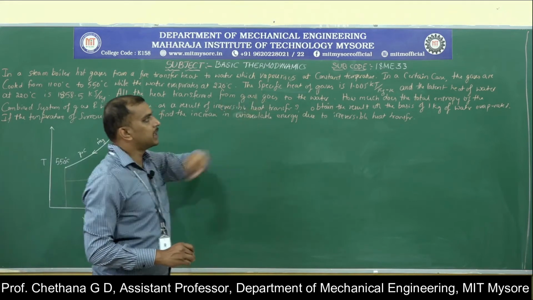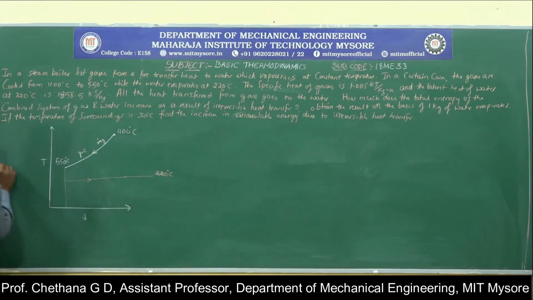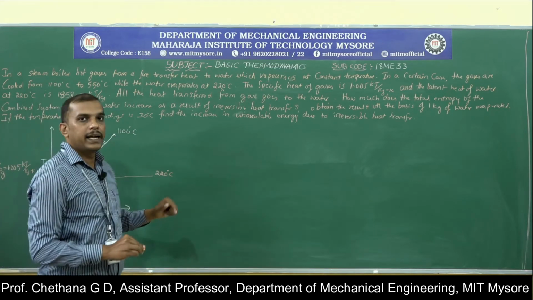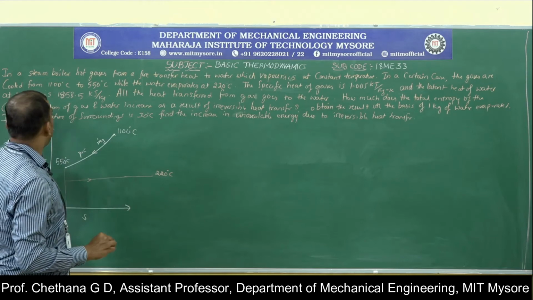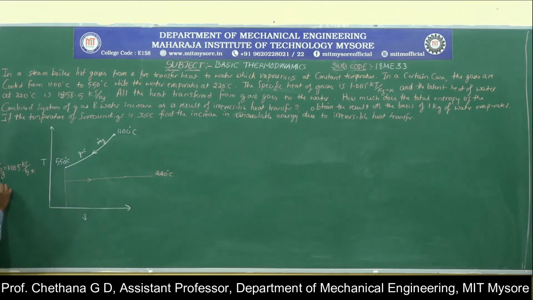Now, he has given the specific heat of hot gas. Cp of gas is given as 1.005 kilojoule per kg Kelvin, and the latent heat of water at 220 degrees Celsius he has given.